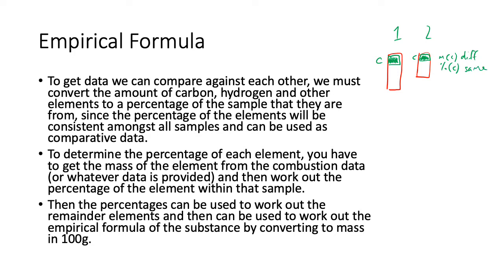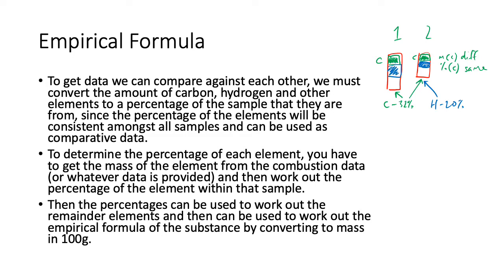Let's say that this one here, its carbon is maybe 32%. Which means that in this one here and that one there, both the carbons will be 32% of the total. Then you do your water one on your sample 2, you find out that the hydrogen is, like, 20%, whatever, and that will be the same for both of them.